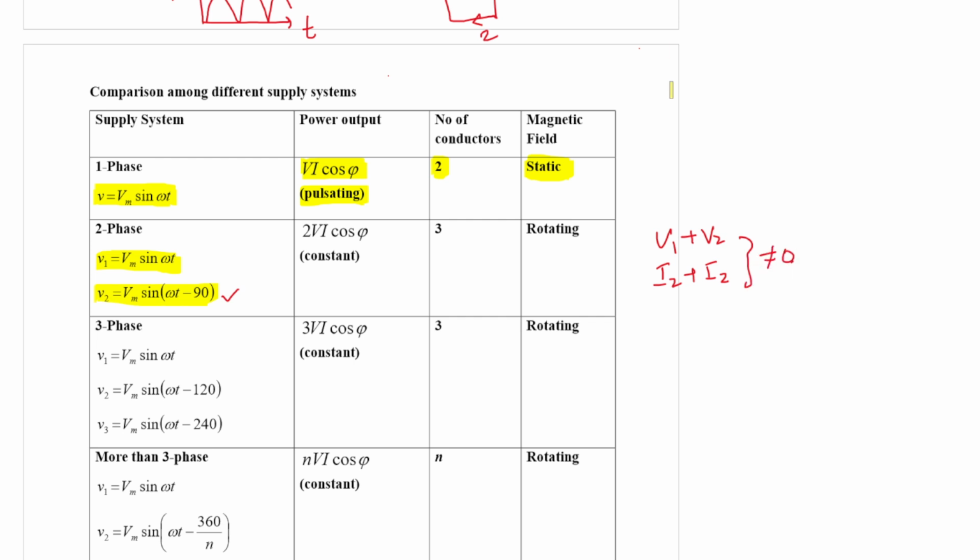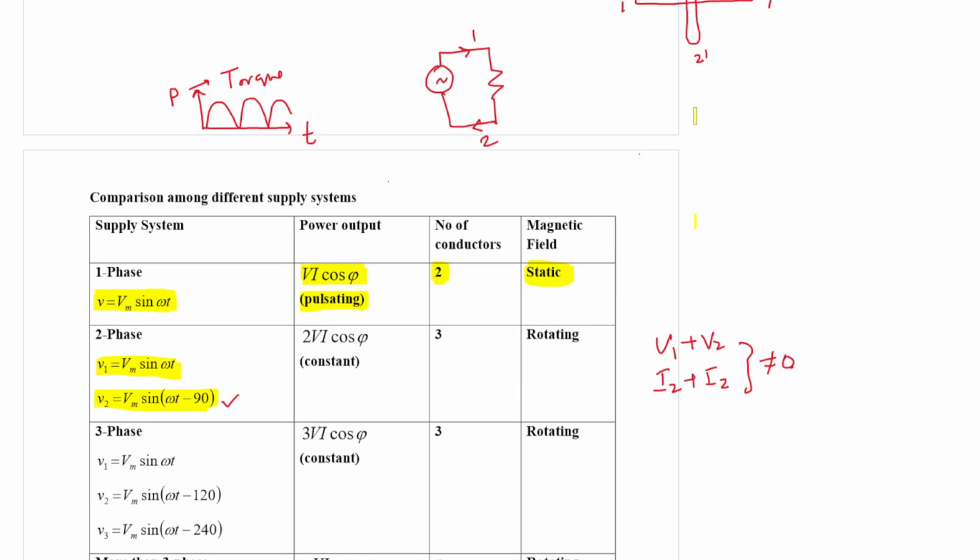So if we use a two phase system, we require three conductors, because one conductor is for neutral current to return and two conductors are for the live.